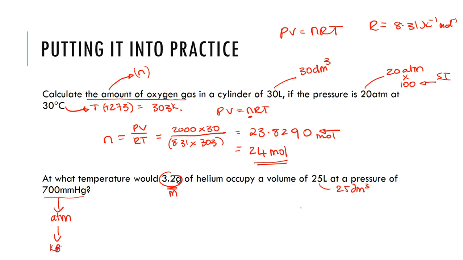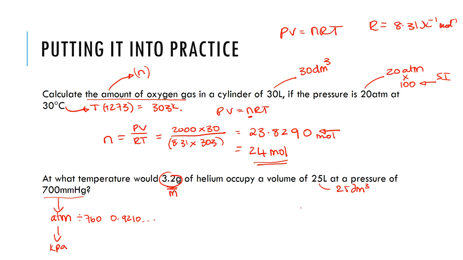Now to convert this one, I need to go to atmospheres, and then I need to go to kPa. So to go from millimetres of mercury to atmospheres, I'm going to divide by 760. So 700 divided by 760 is going to give me 0.9210 atmospheres.